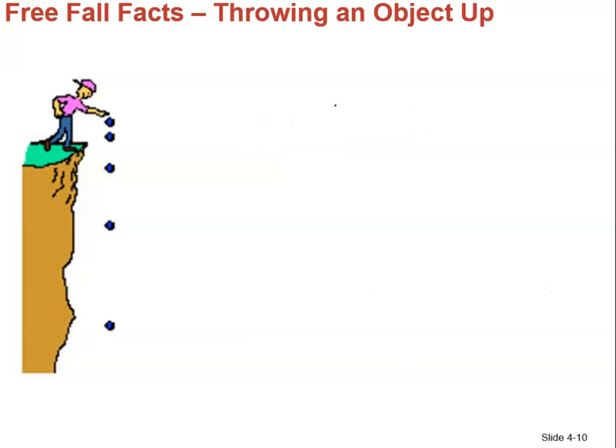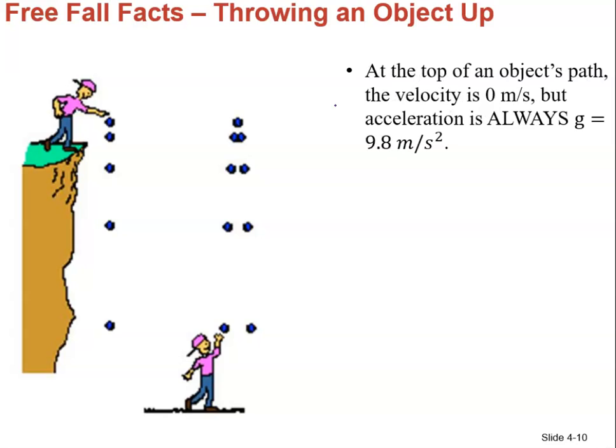Now, we also can have free fall when we throw an object up into the air. As soon as we release it from our hand, the only force acting on it is going to be the gravitational force again. And so the object is in free fall, even though it is moving upward. Now, when we throw an object upward, at the top of the object's path, the velocity is going to be 0.